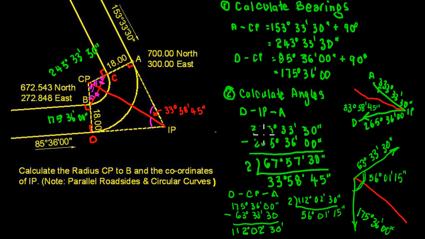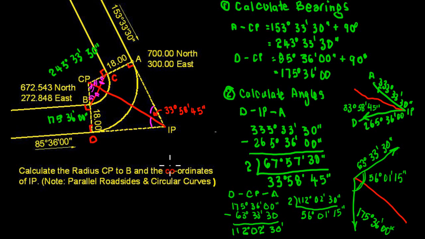So we calculate that angle there as 67, 57, 30 by taking these two bearings away here. Now in anticipation I've decided to divide the angle in two, 33, 58, 45, which in fact gives these two angles here, and as it turns out will also give the angle here between the chord and the radius.